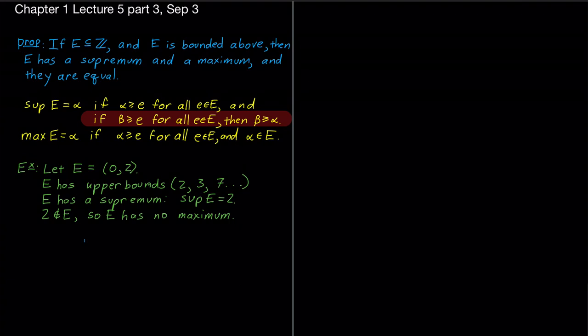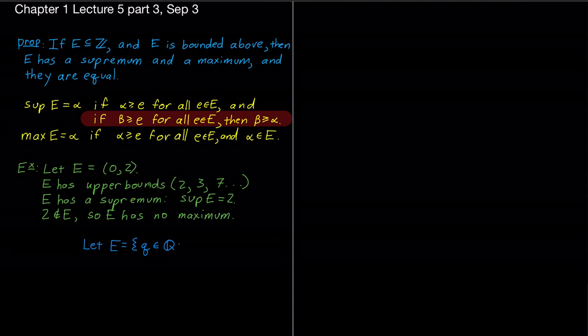Let's think about what happens in the rationals for a bit, and then we'll come back to the reals. So let's let E be our favorite set, the set of all rational numbers q such that q squared is less than 2.